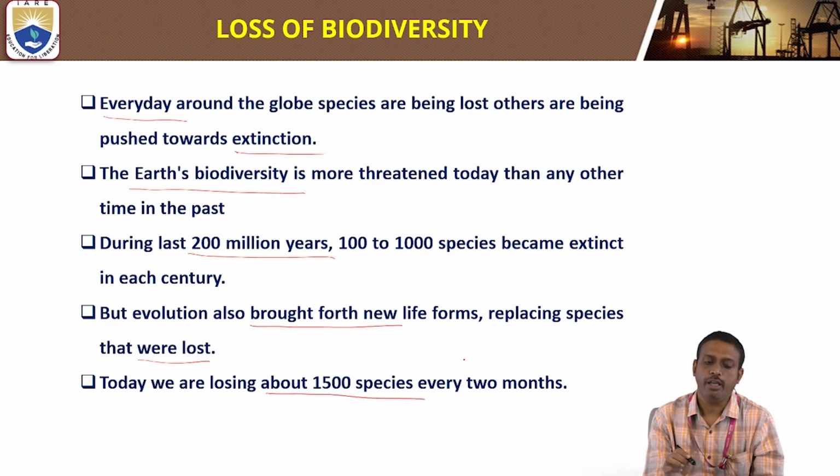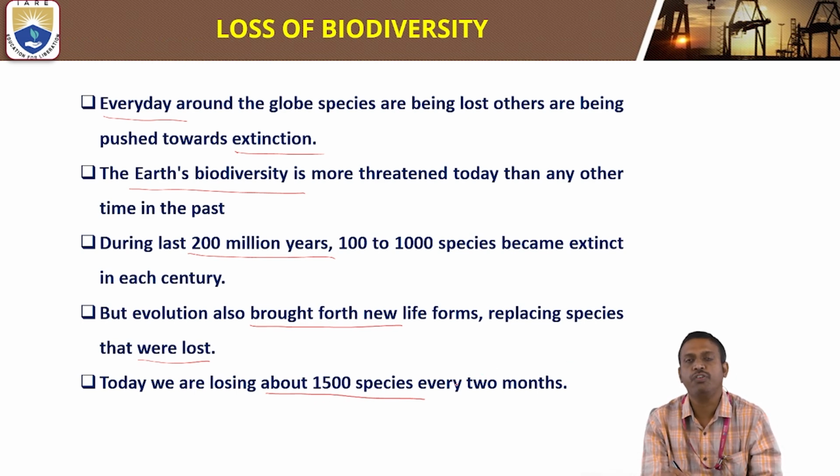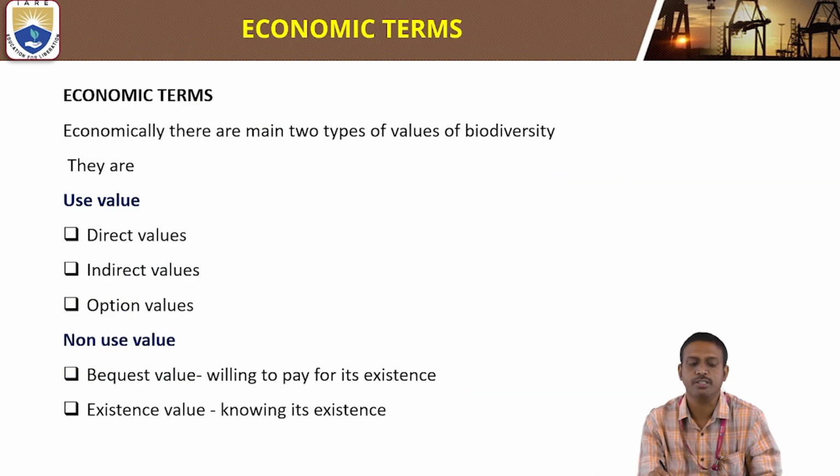Every day around the globe, species are being lost, others are being pushed towards extinction, and Earth's biodiversity is more threatened today than at any other time in the past.